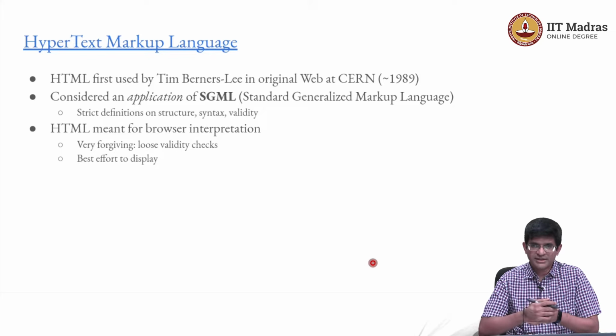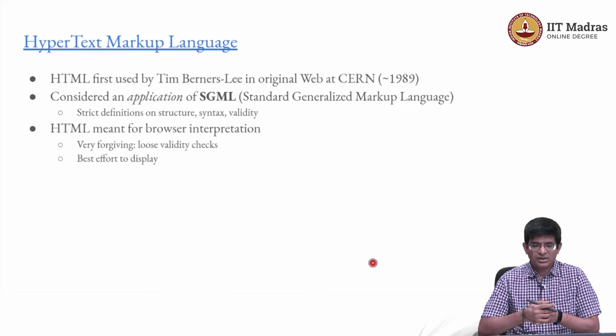Right from the beginning, one of the conscious decisions taken there, which has had very interesting impacts further down the line, is that since it was meant for browser interpretation, the approach the original inventors took was that it has to be forgiving of mistakes. After all, a person typing an HTML document is entirely likely to leave out some tag here or there, and if I try loading that into a browser and all I keep seeing are error messages, I'm not going to really use this.